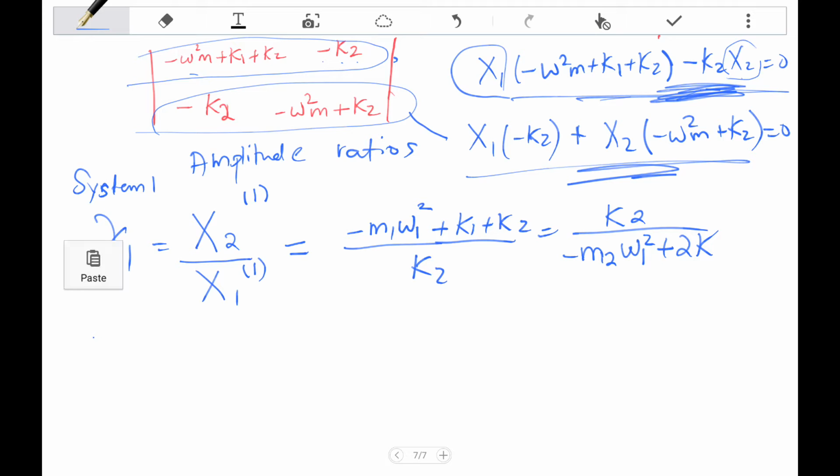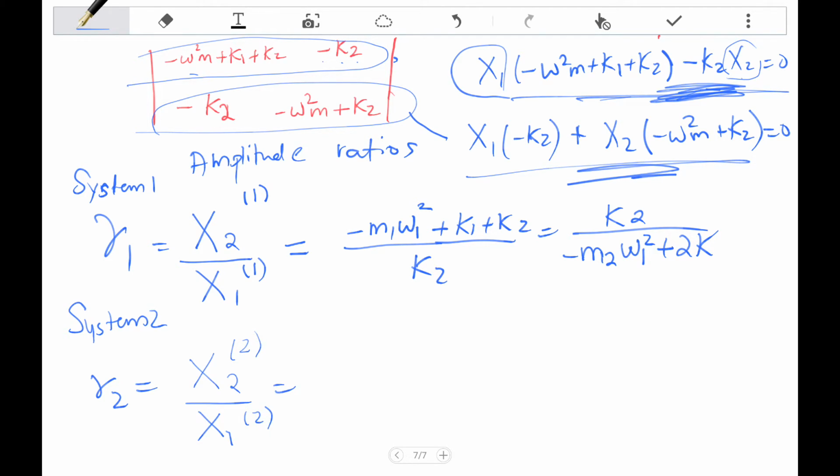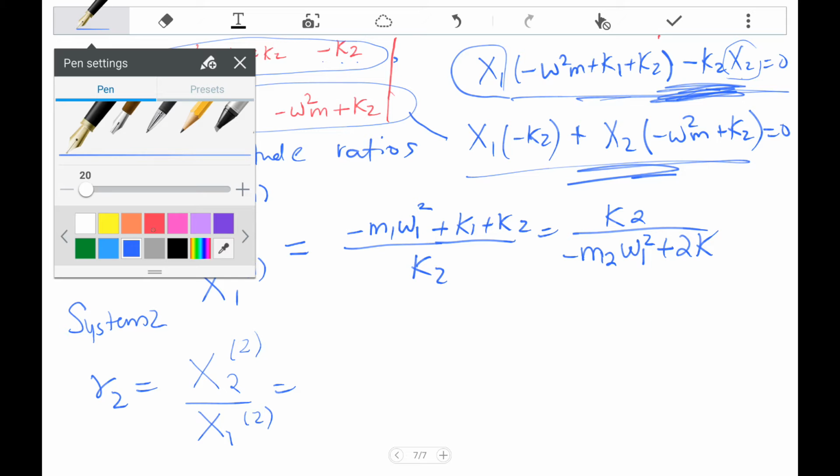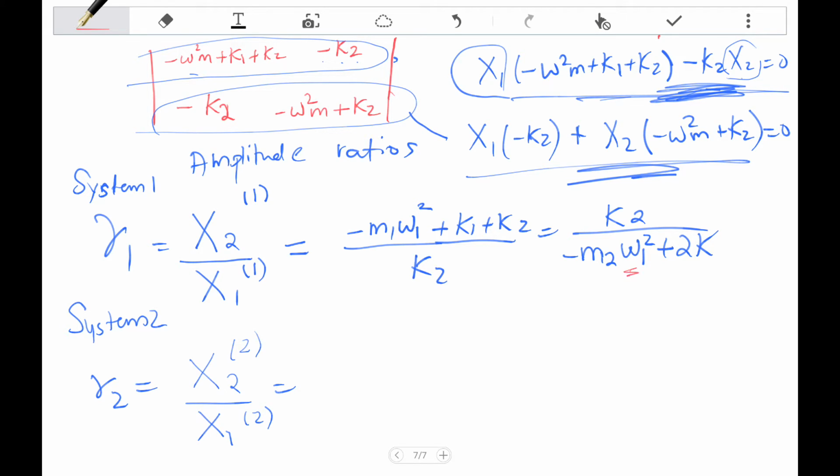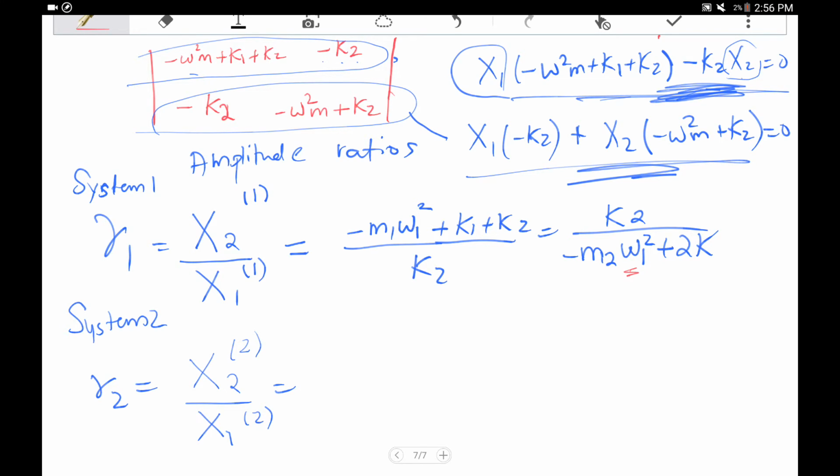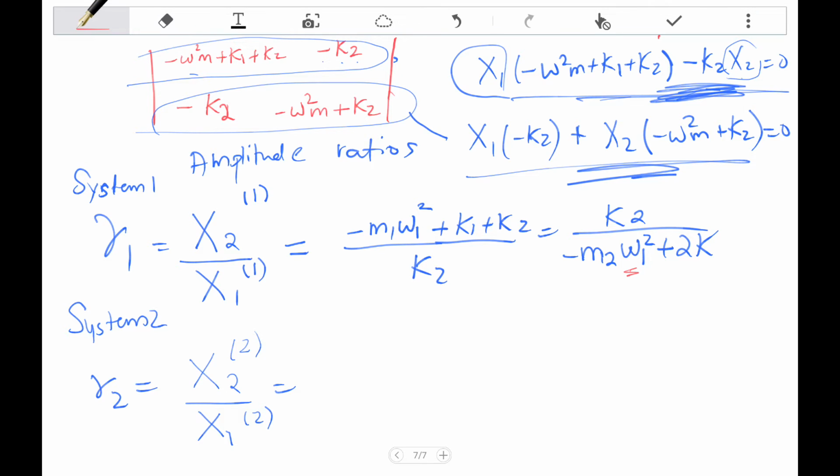And then we're going to do this for system number 2, R2. That's going to be the same thing, however we're going to use the subscript denoting system number 2. And they're basically equal to each other. However, the only thing that's going to change here is your omega. Everything else is going to be the same.